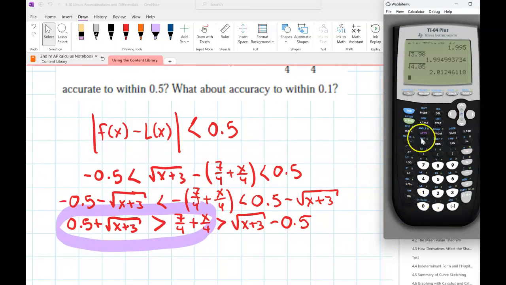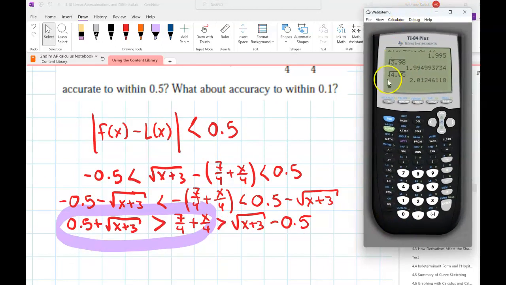So I'll pull up my calculator, because to actually solve this by hand is like a complete nightmare. You could do it algebraically by hand, but it would take a long time because you have to square both sides. So that means you have to FOIL out with the radical and move everything over and then FOIL again.